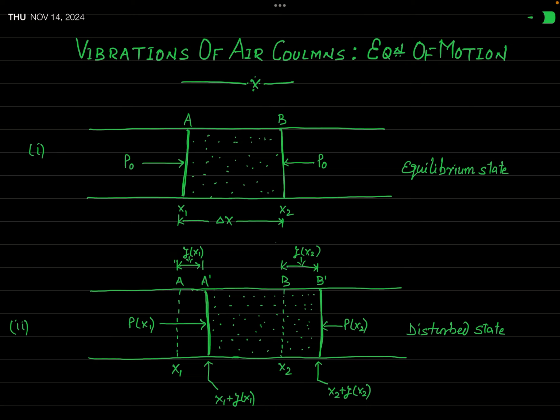So now let us see how we can discuss the problem of vibration of air columns and how we can obtain the equation of motion. Actually, when you talk about air or any other gas, this air or any other gas may be regarded as a continuous medium at ordinary pressure.